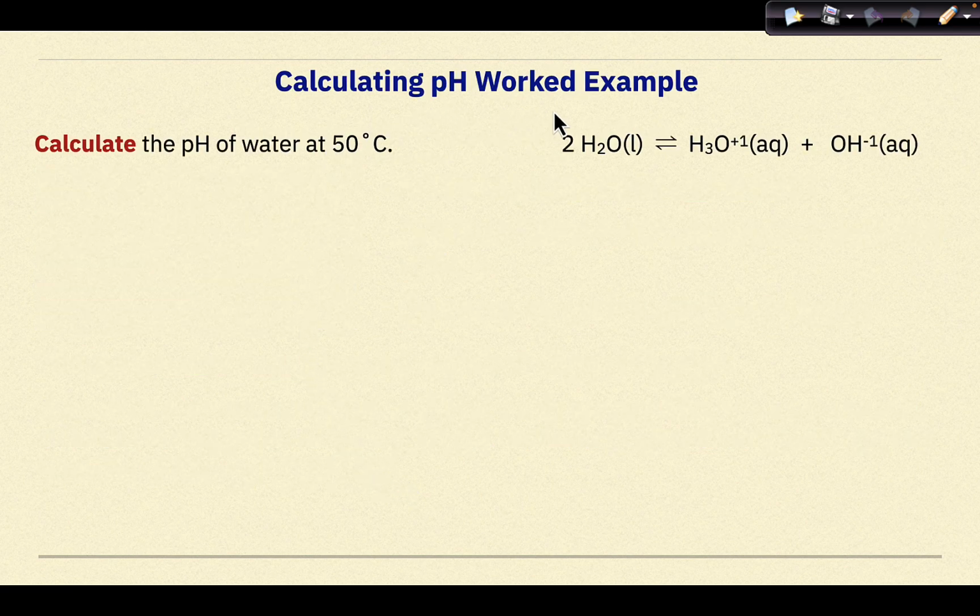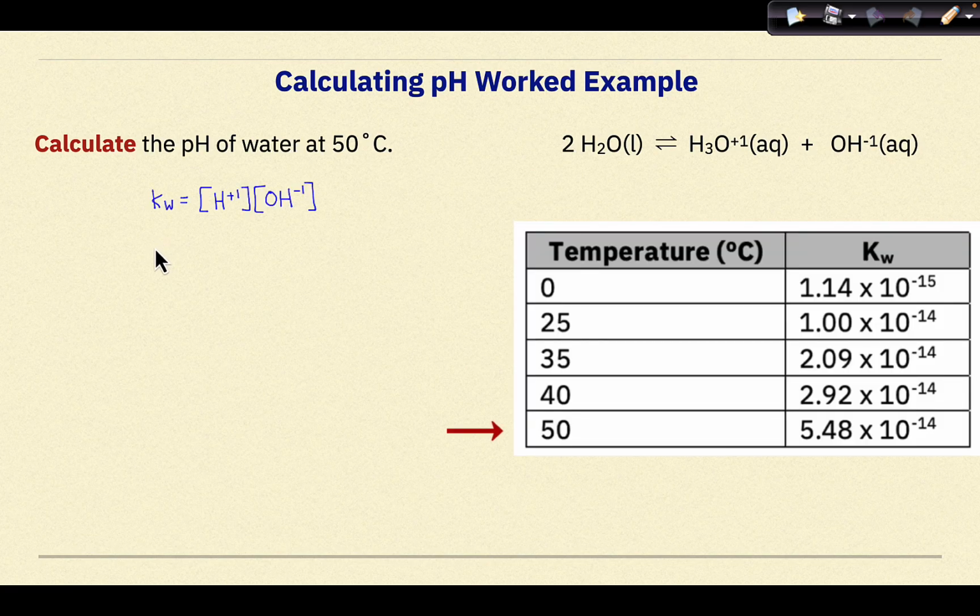Calculating pH worked example. Calculate the pH of water at 50 degrees Celsius. Let's start out with the formula Kw is equal to the hydrogen ion concentration times hydroxide ion concentration. By looking at the chart on the previous slide or in your notes, the Kw at 50 degrees Celsius is 5.48 times 10 to the negative 14.